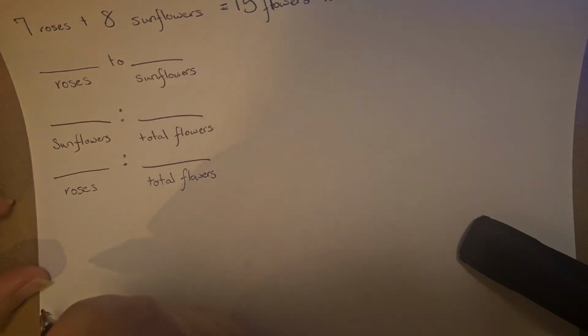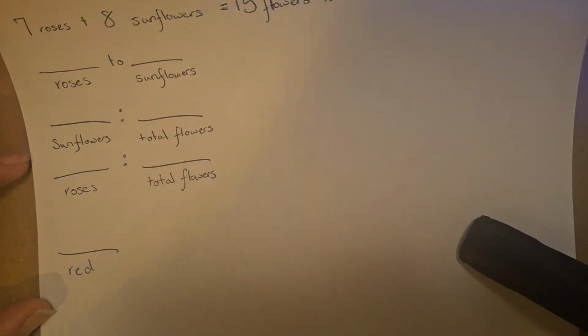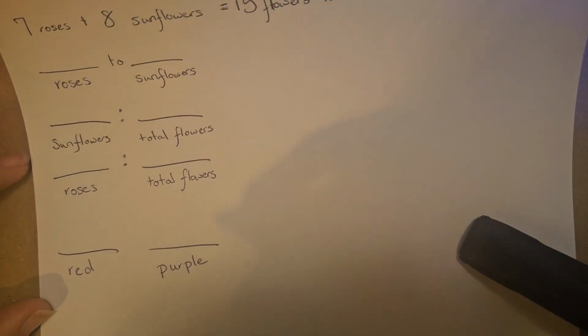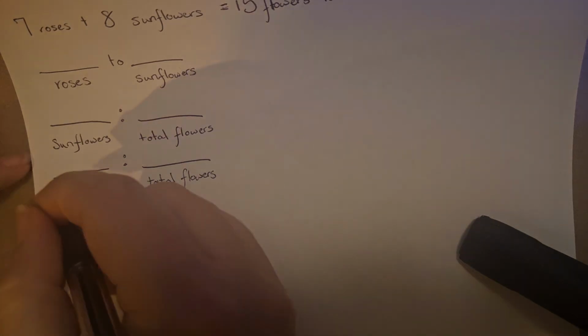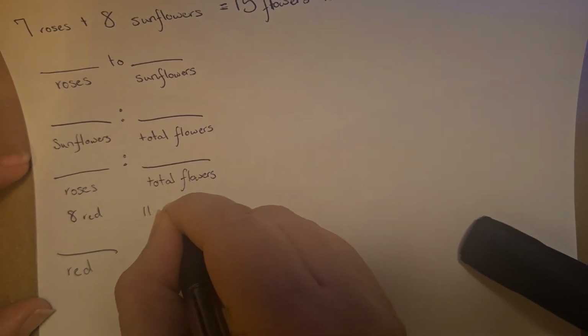Don't get thrown off. So it says for every blank red marbles, there are blank purple marbles. Look back in your question. How many marbles did it say were red? 8 of them. That's right. There are 8 red, 11 purple.